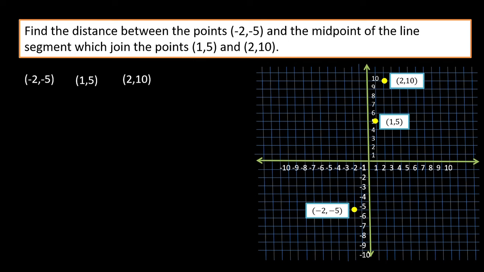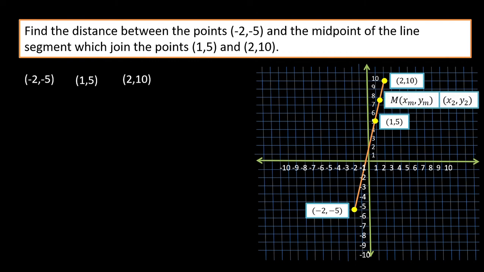So that is 2, 10. I will be joining now the line connecting the three dots. So in the problem, we are asked to find the distance between the point -2, -5 and the midpoint of the line, meaning the midpoint of 1, 5 and 2, 10.